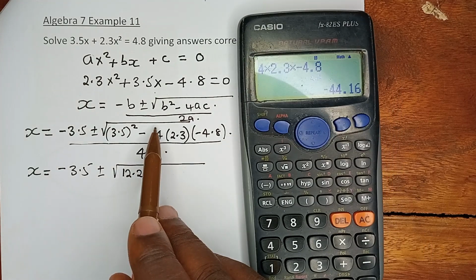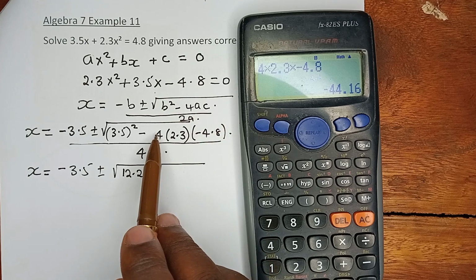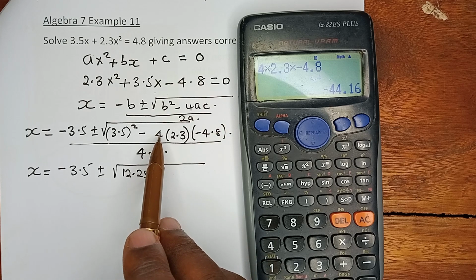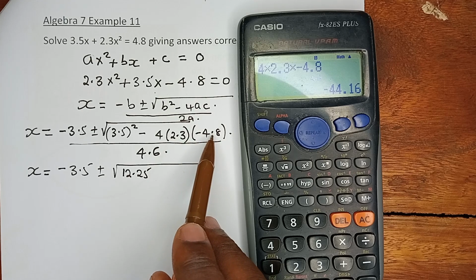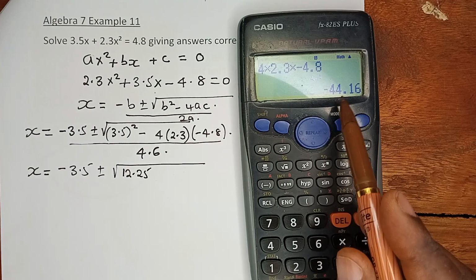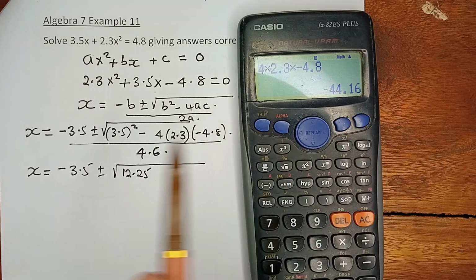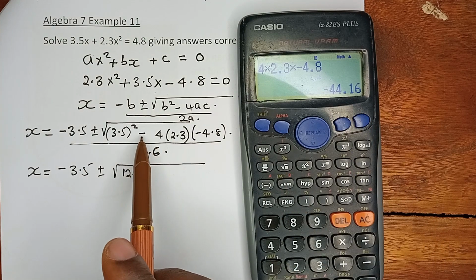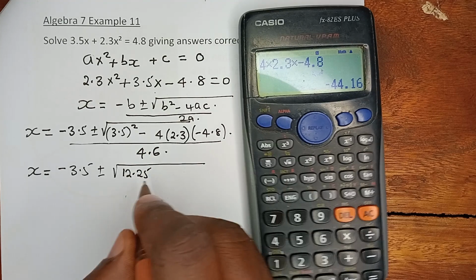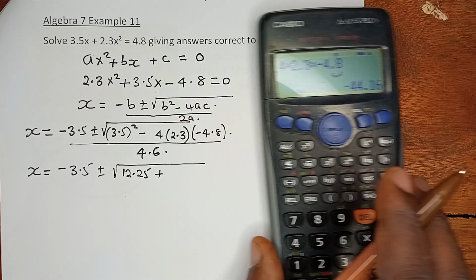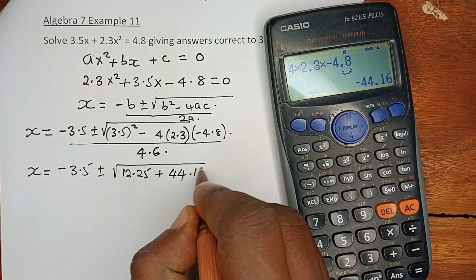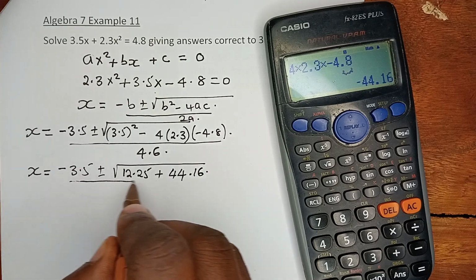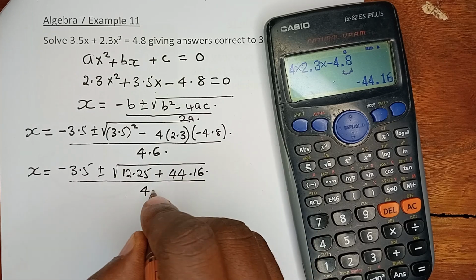This product, 4 times 2.3 times negative 4.8, gives us negative 44.16. But that negative is subtracted, so minus negative becomes plus 44.16, everything over 4.6.